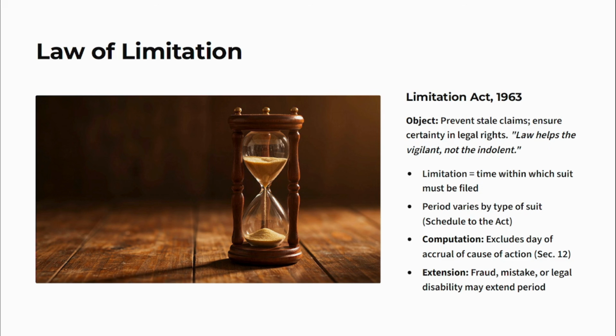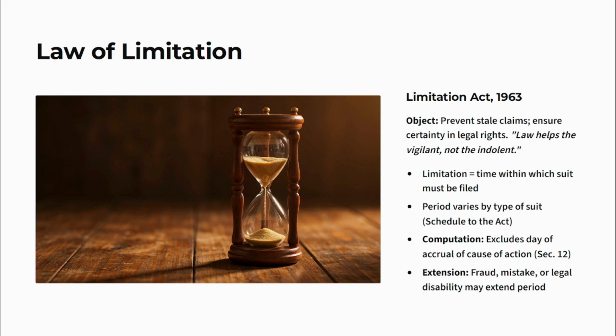Then law of limitation. Let us discuss the basics. Now we move to the Limitation Act 1963. Why does the law exist? To stop very old stale claims and to bring certainty to legal matters.